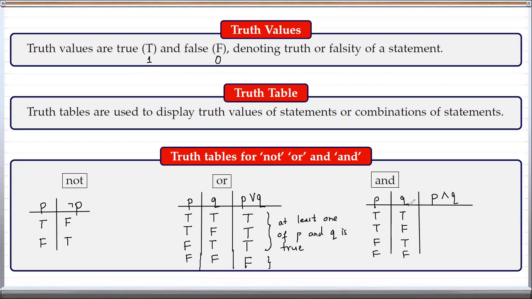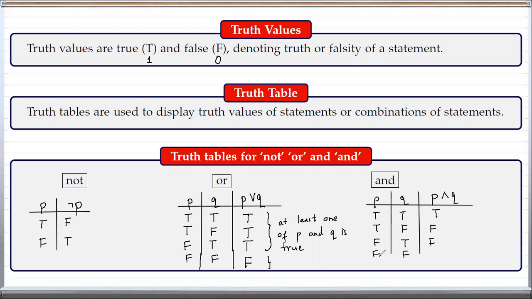Now when P is true, Q is true, P and Q is true. When P is true, Q is false, P and Q is false, because for P and Q to be true, we need both of them to be true. When P is false, Q is true, P and Q is false.